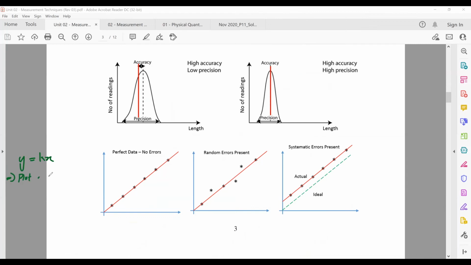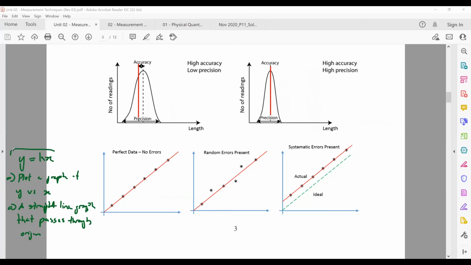If you plot a graph of y versus x, you will get a straight line graph that passes through the origin. Okay, right?